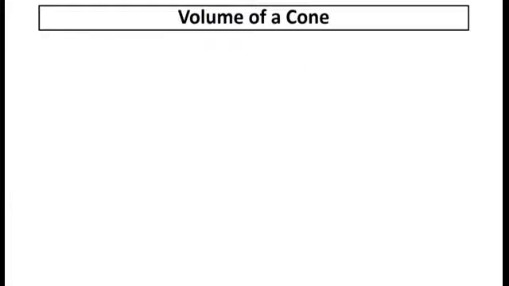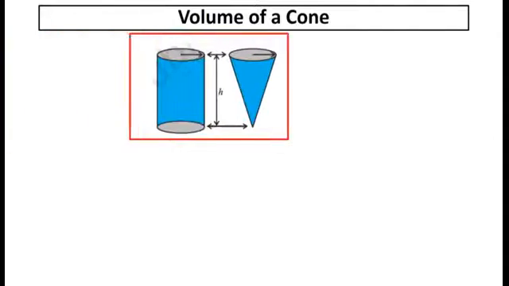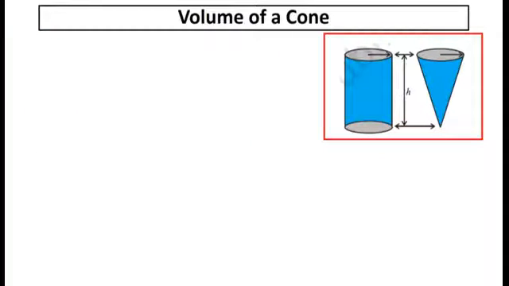Volume of a cone. In order to find the volume of a cone, a cylinder and a cone have been considered. The cylinder has radius r and the cone also has radius r for its base circle, and h is the height of both the cylinder and the cone.